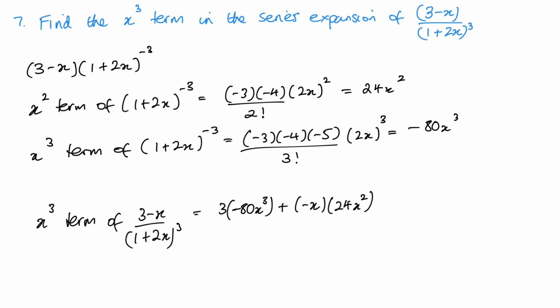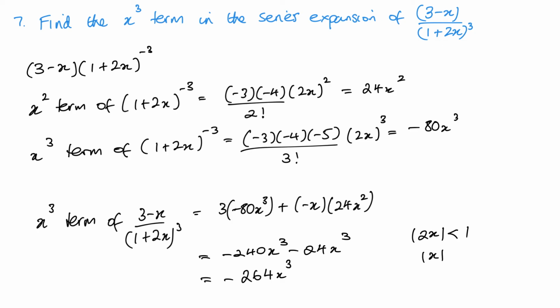And that gives me negative 240x cubed minus 24x cubed. So that's minus 264x cubed. It doesn't say within this question, but in terms of when it's valid, 2x less than 1, so mod x less than 1/2.